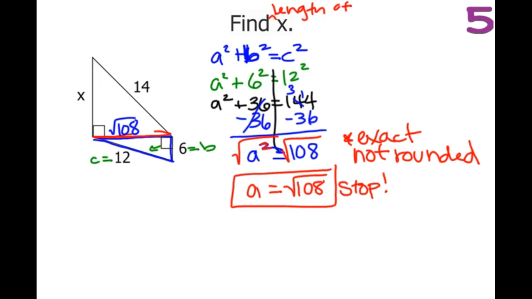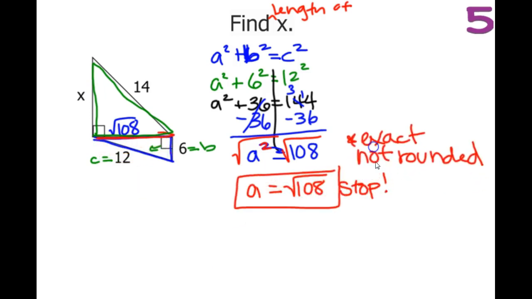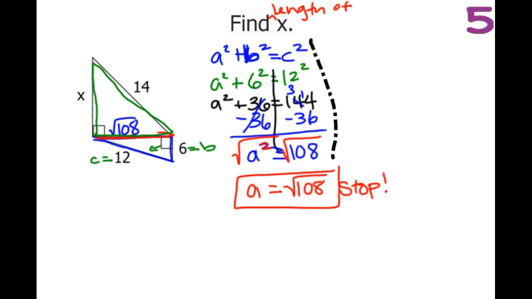So now I'm going to use what I know to find the length of x. I know this is also a right triangle, so I'm going to use the Pythagorean theorem again. So we're going to do a squared plus b squared equals c squared one more time.